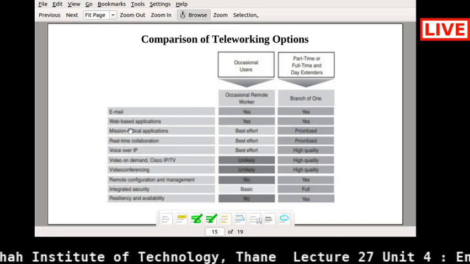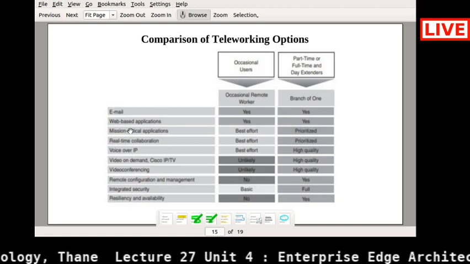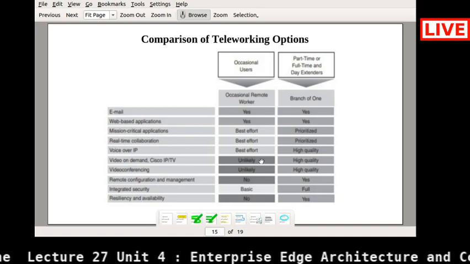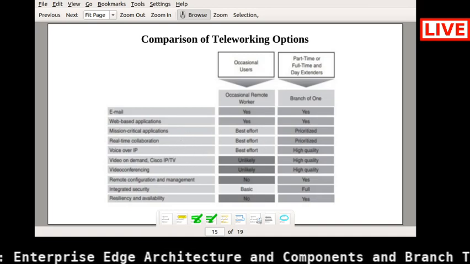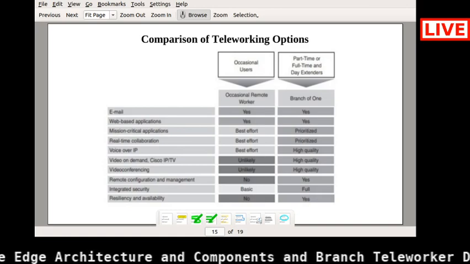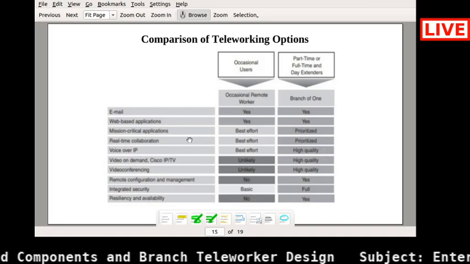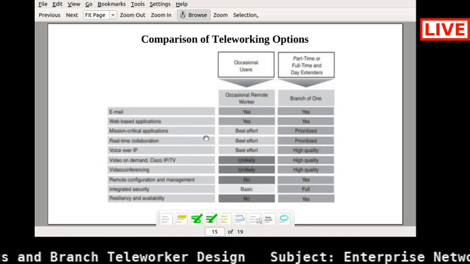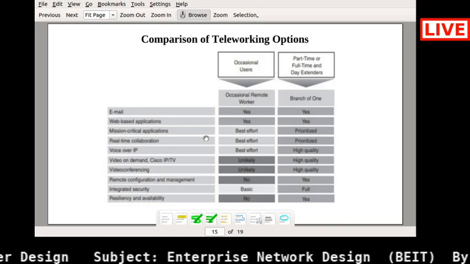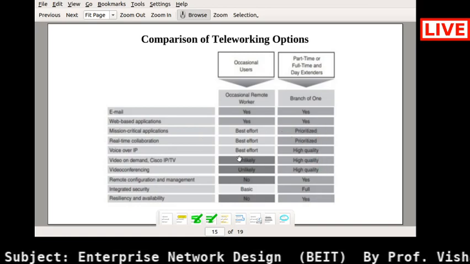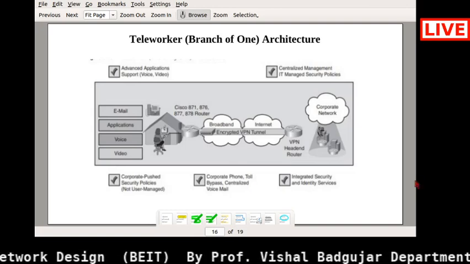Therefore we are calling it a branch of one architecture. So you will see here easily, and with the help of that, you will understand these teleworking options. Occasionally, you can do part-time, full-time, or on a daily basis. So this is one architecture of this particular branch of one.